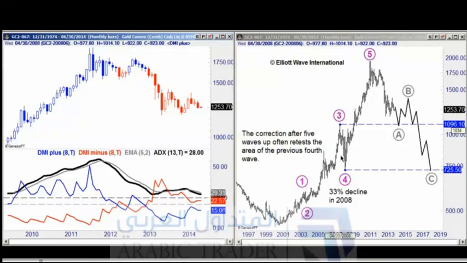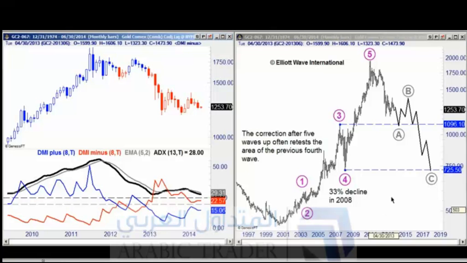This 33% decline that ended in 2008, and then a 5th wave rally to significant new highs. And you know what the Elliott wave principle tells us: after a 5-wave rally, we should expect a 3-wave decline.